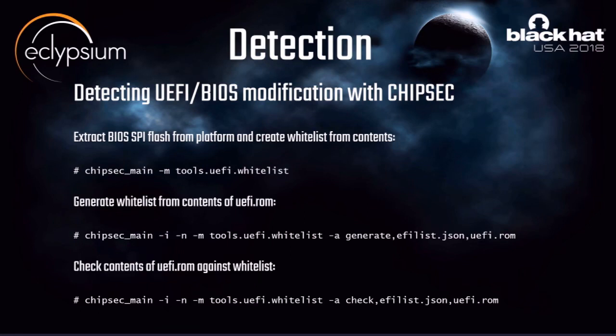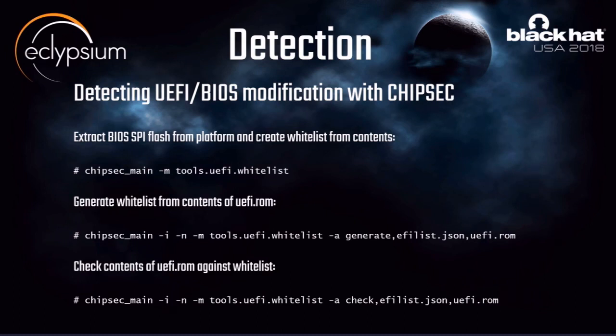So when you buy a new system, if you believe it hasn't been tampered with yet, hopefully you didn't have a supply chain compromise along the way. But if you think it's in a known good state, you can generate a whitelist using this second command line here, which will basically parse all of the firmware volumes and generate hashes for all of the images in the EFI binary.